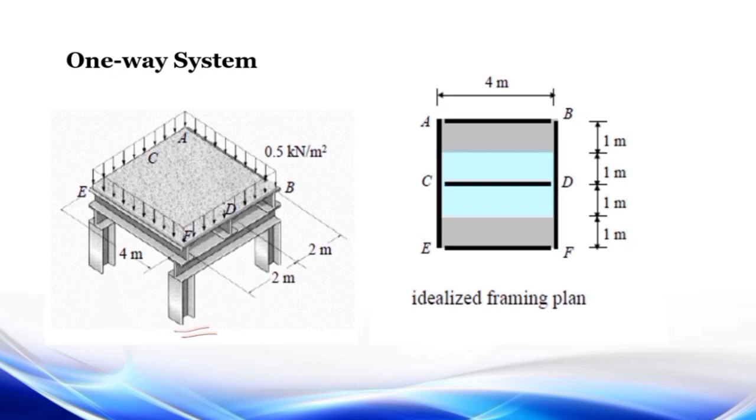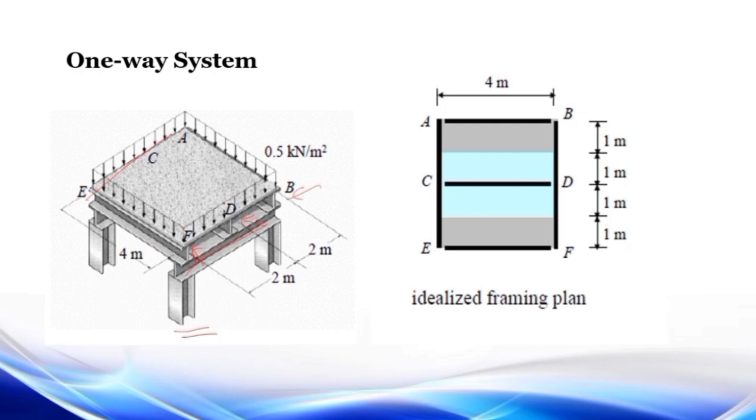So kung makikita natin dito, yung beam AB, the beam CD, and the beam EF rest on the girders AE and BF.